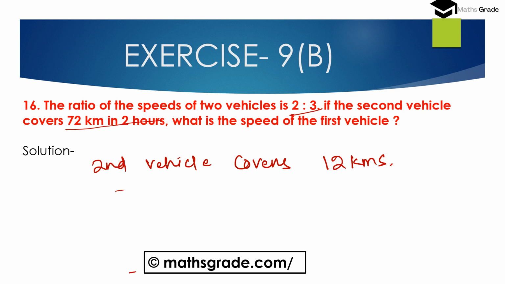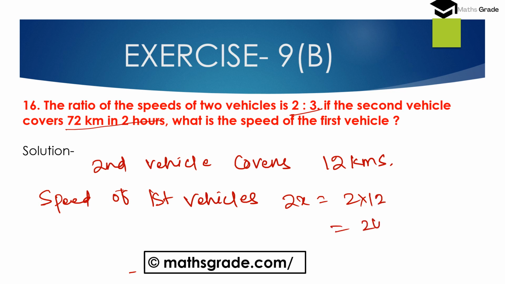So the speed of the first vehicle will be 2x, which is equal to 2 multiplied by 12, that is 24 kilometers.